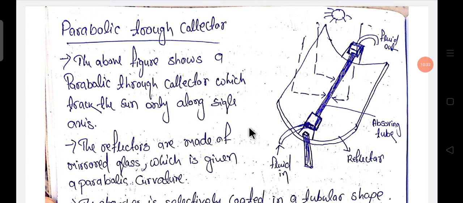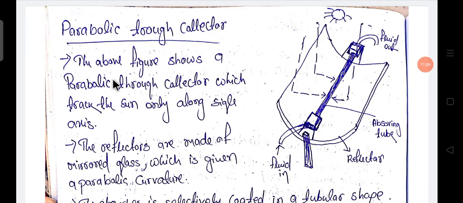That means in the previous method the sun can be tracked in both axes, but here in the parabolic trough collector the sun can be tracked only in one direction. It can be tracked in this way, it cannot be tracked in this way.